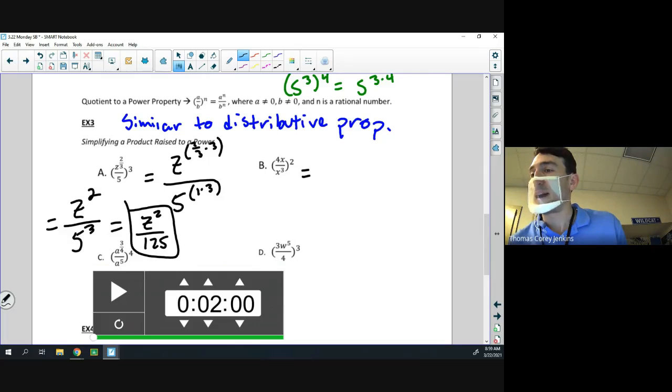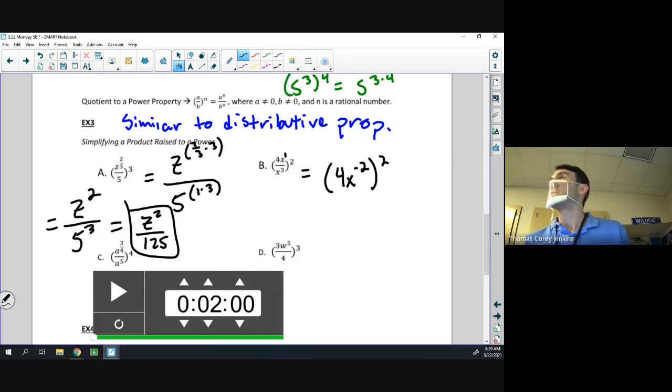So for my exponent, then I'm going to have 1 minus 3. Okay, 1 minus 3. So really, this is equal to 4 x to the negative 2, squared. Or I could write that as 4 over x squared, squared. Either way would be fine. Eventually, I'll have to simplify it either way.